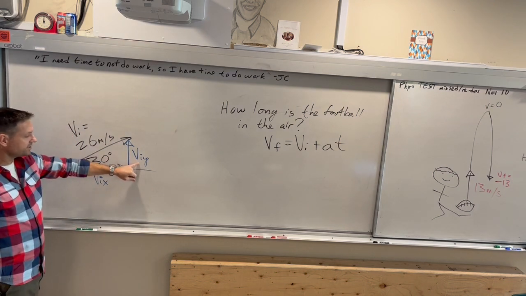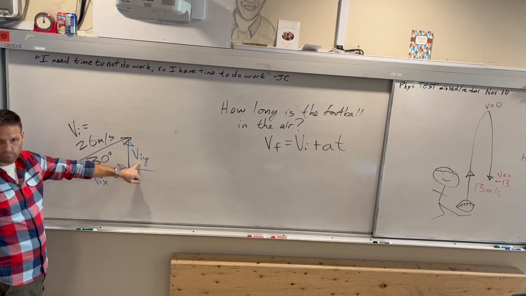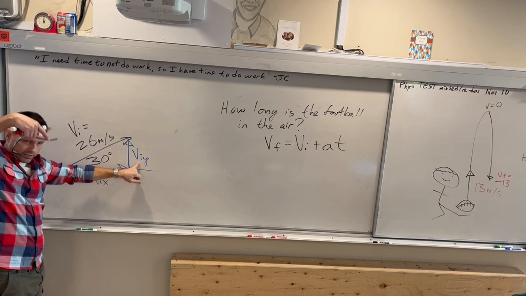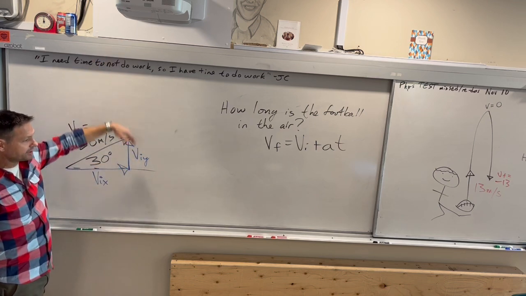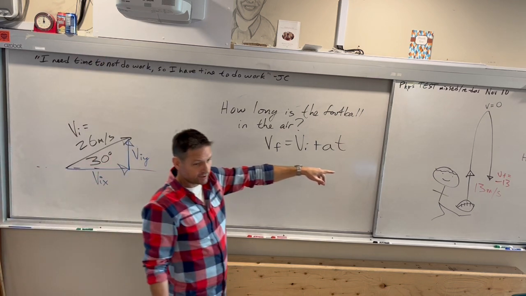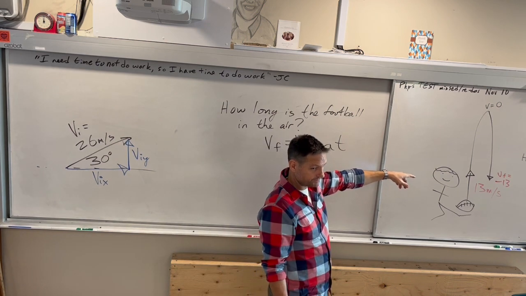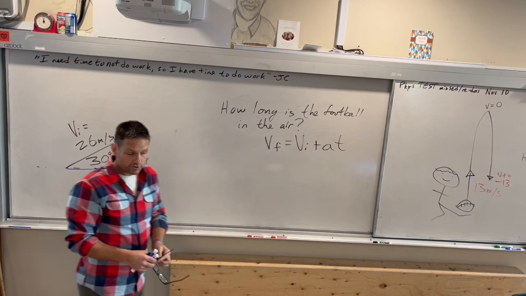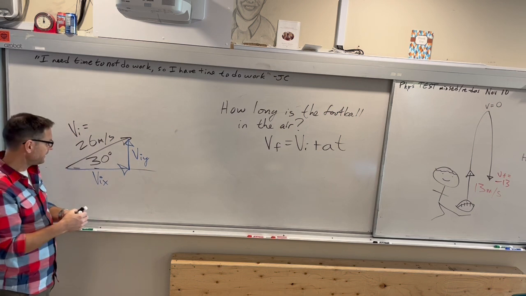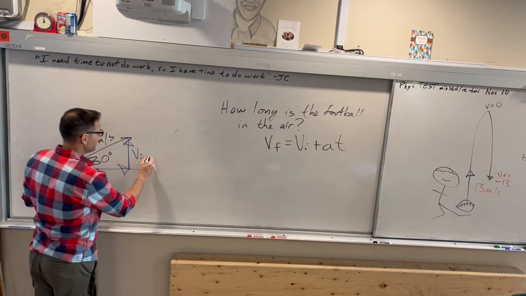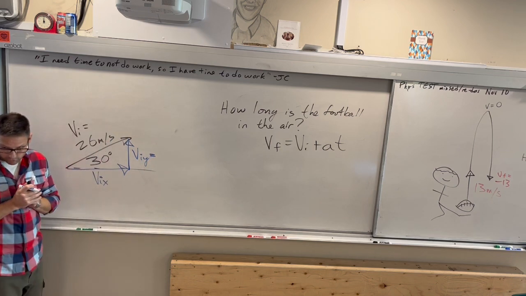But what happens to this velocity? Gravity is working against this, right? So it's gonna slow it down and stop and come down, just like it was in this question.